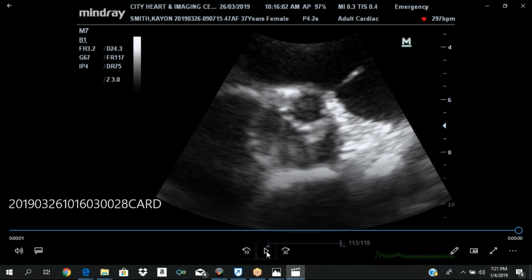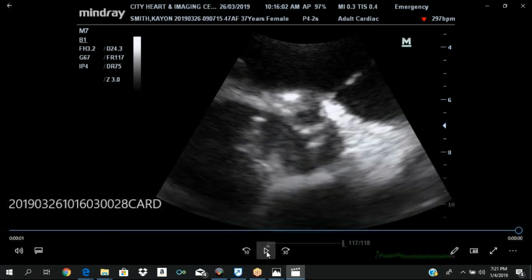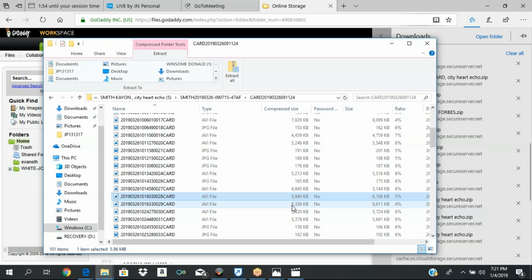You can zoom things up if you want a closer look. It opens triangular, closes with a Mercedes-Benz configuration. You have to know how to move your probe to get that view.